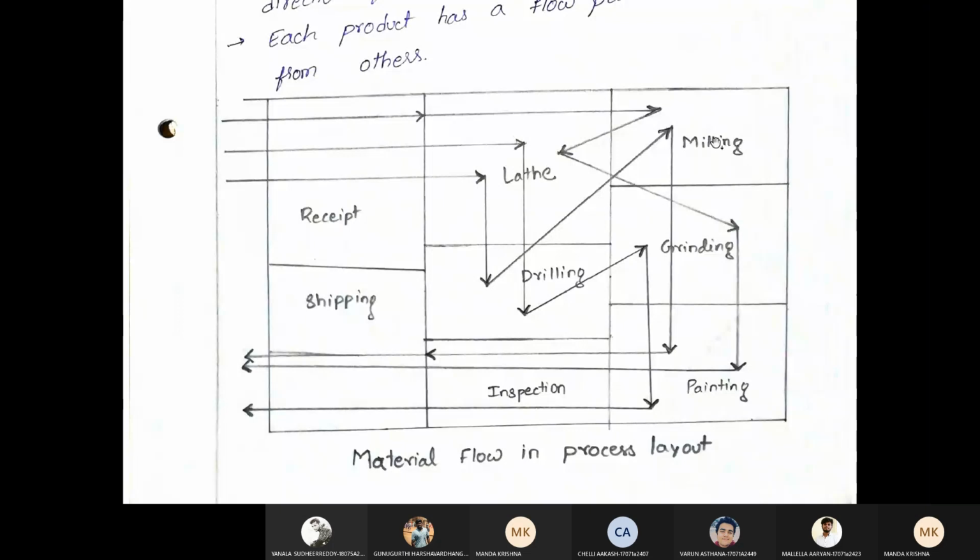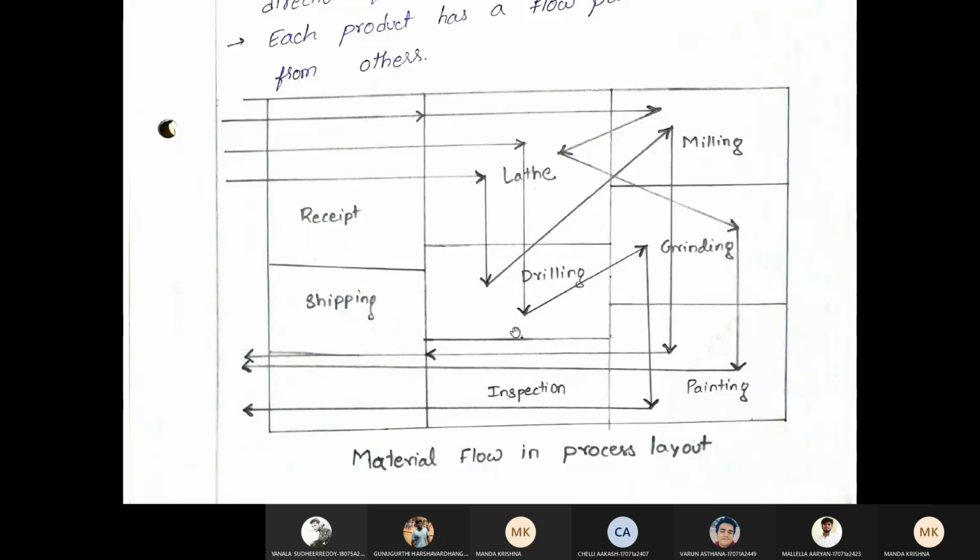It is not going for milling. Second product. Next third one. First it is going for the lathe, and then drilling, then milling, then painting. It is not moving to grinding. Next it is going out. This is the material flow in the process layout for three different products.